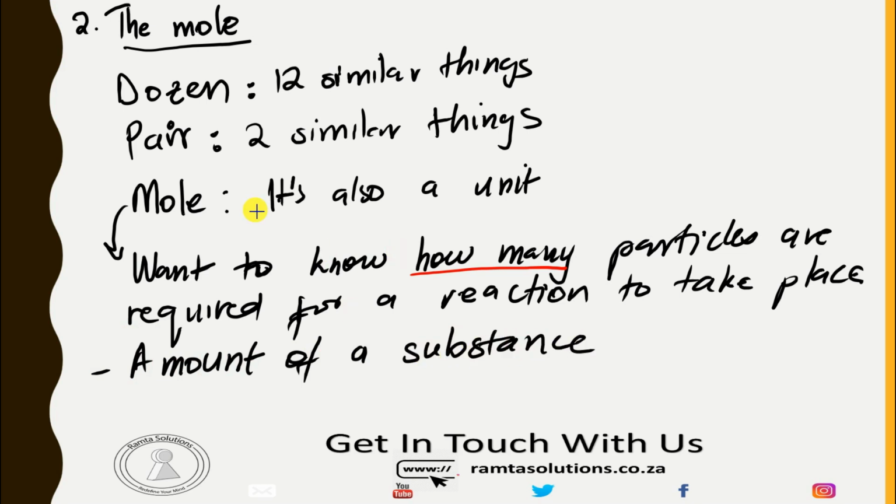Because remember, when you want to know how many particles are required, for example, for a reaction to take place, you want to know the amount of a substance. So this amount of a substance is your mole.